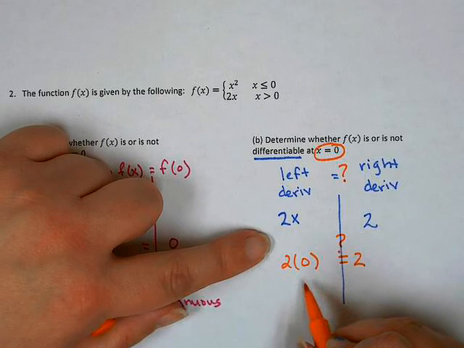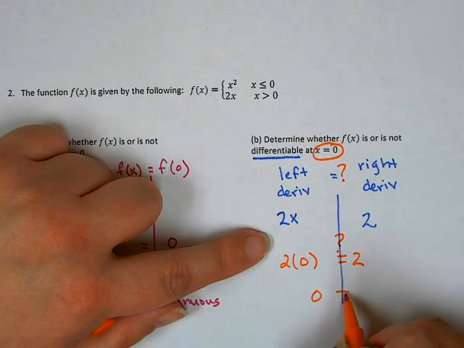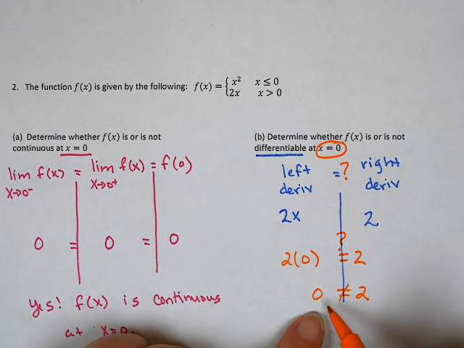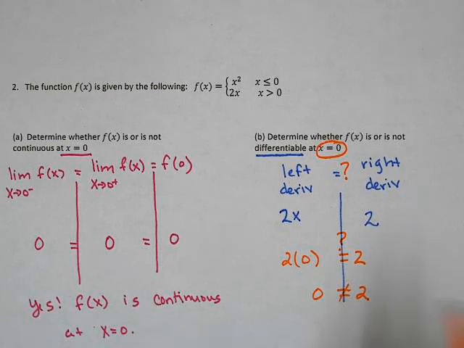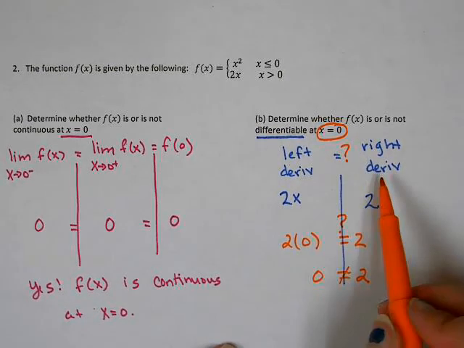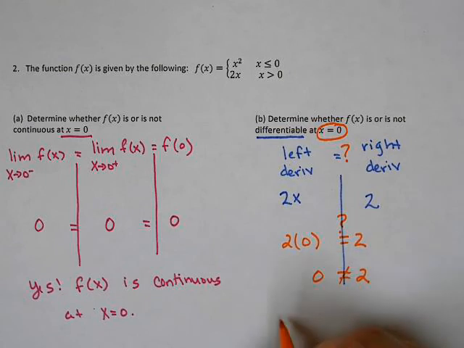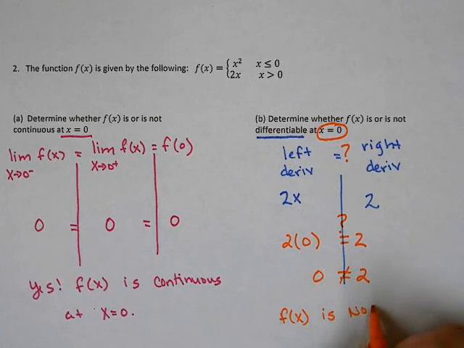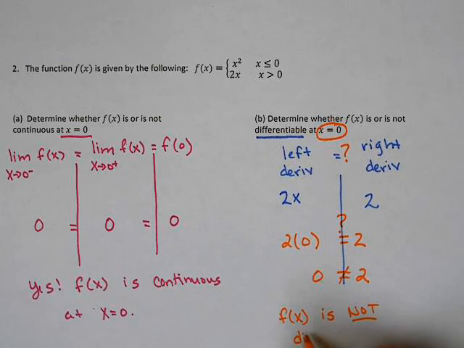And on the left, I got that it's 0, which means my derivative on the left is 0, and my derivative on the right is equal to 2. And those do not equal each other, which means the left derivative and the right derivative are not equal, which tells me that f of x is not differentiable at x equals 0.